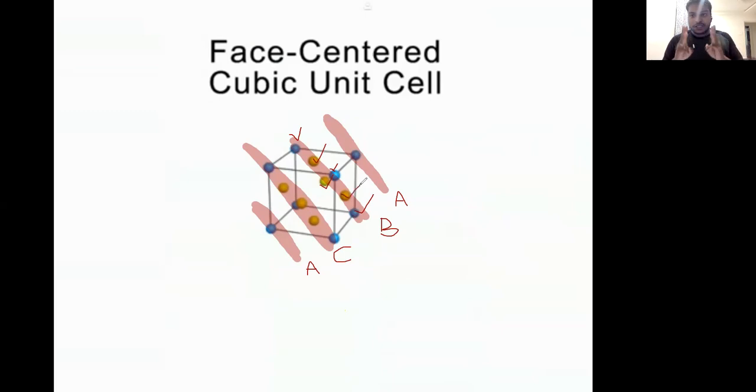So 3 corners, 3 faces. That is about the second layer. The third layer is also the same, 3 corners, 3 faces. And the last layer, A layer again, is going to cover only one corner of a unit cell. Keep this in mind, very important for problem solving.